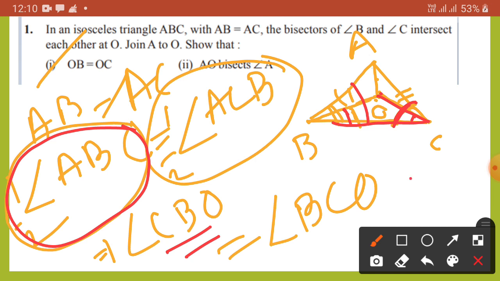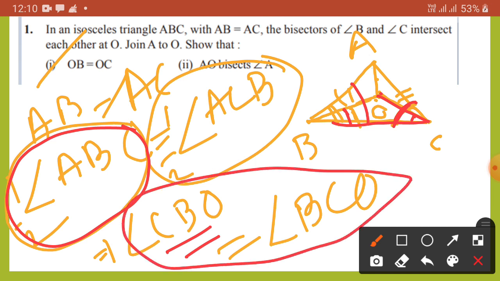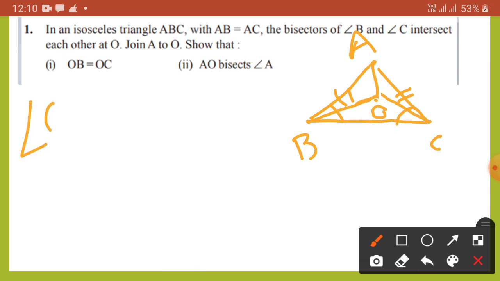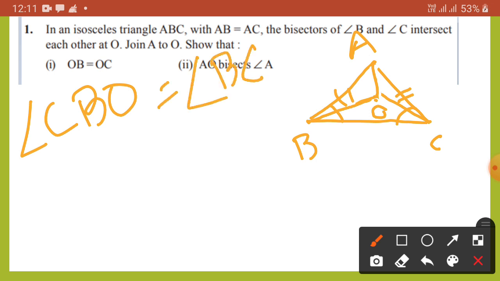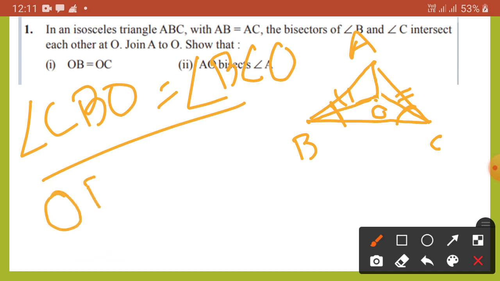Got it? So we can write CBO is equal to BCO here. Now as CBO is equal to angle BCO, that means OB and OC are bisectors of angle B and angle C respectively. So we can easily write OB is equal to OC.